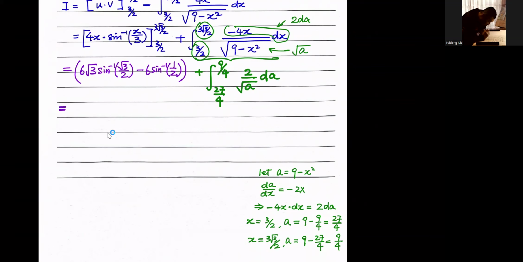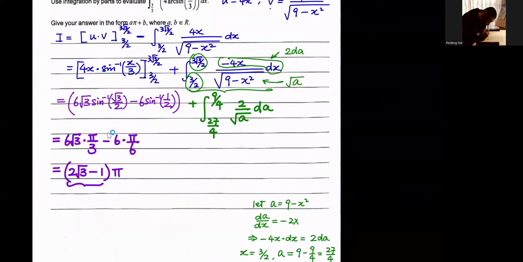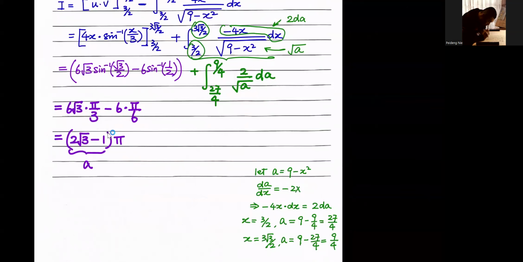So for the purple part, I should get 6√3 times pi over 3, minus 6 times pi over 6. So eventually, for the purple part, that's 2 root 3 minus 1 times pi. And that seems to be my a value, okay?